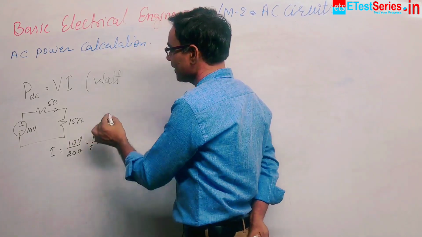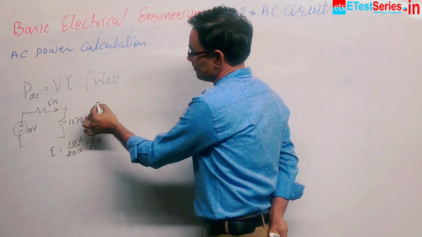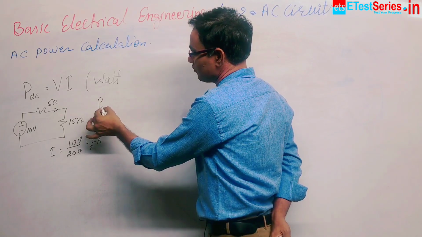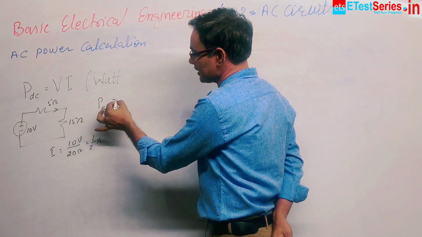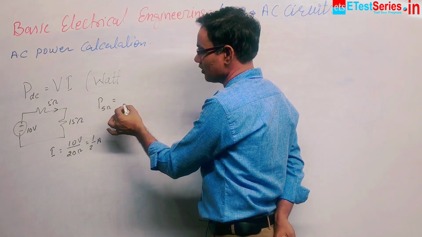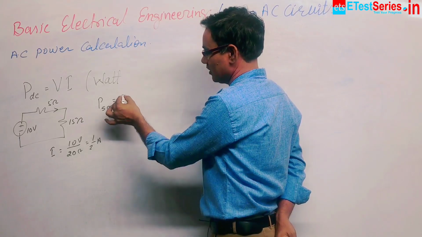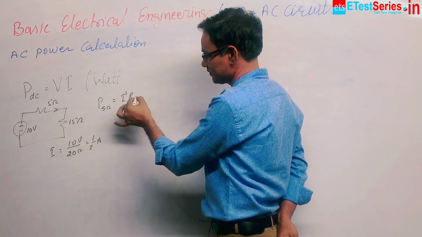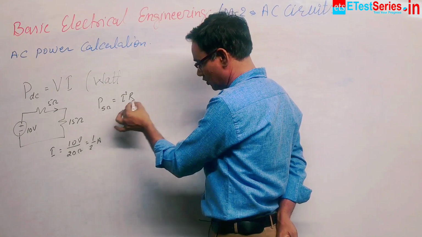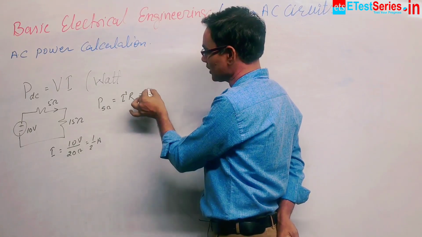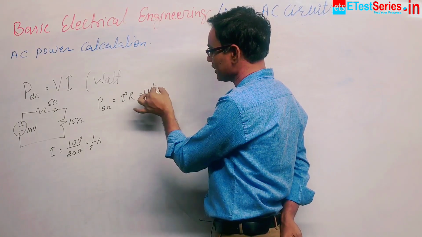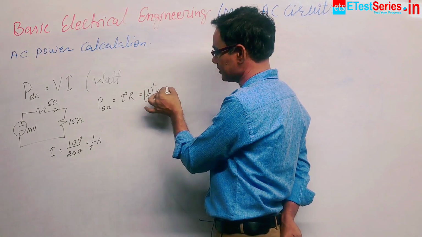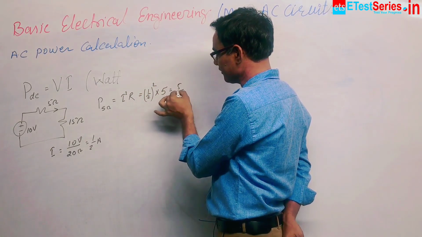The power in the 5 ohm resistance is V into I or I square R. Here I is 1/2 ampere, squared, and R is 5, so it is 5/4 watt.